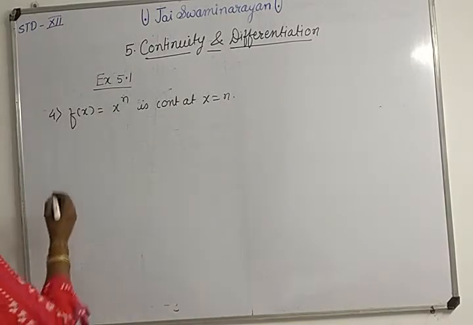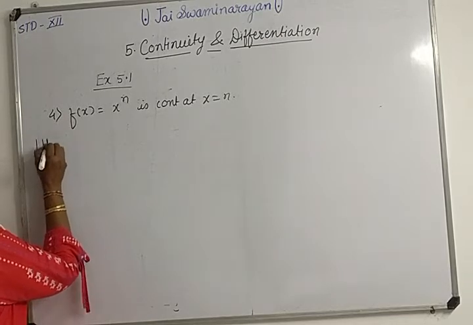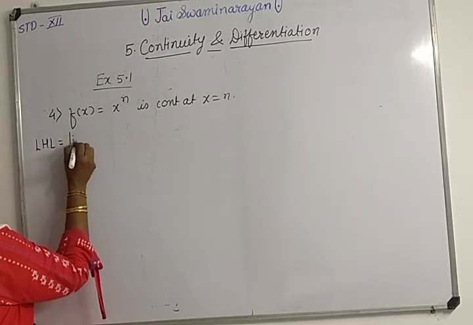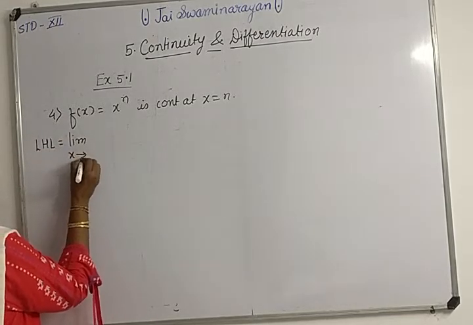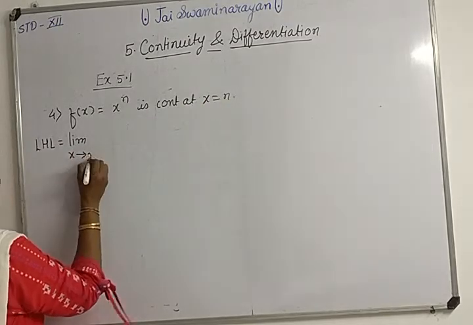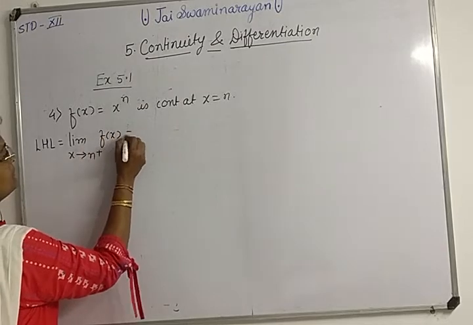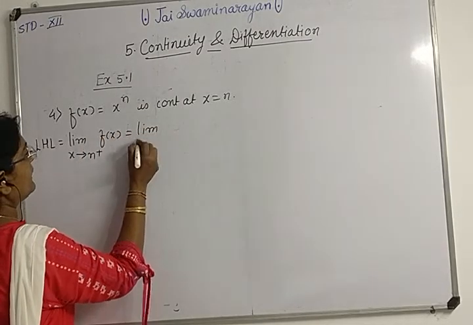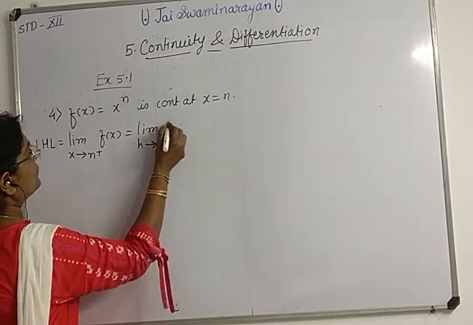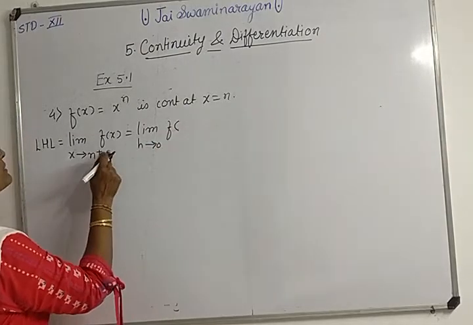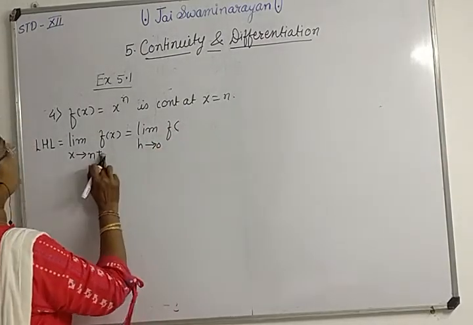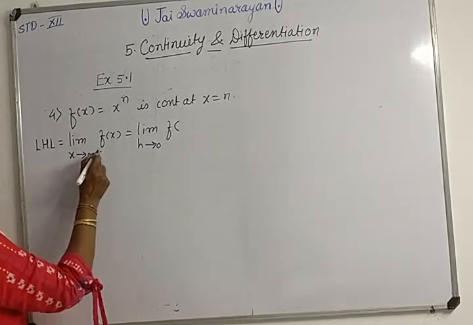Left hand limit equal to limit as x tends to n negative of f of x equal to limit as h tends to 0 of f of n minus h.